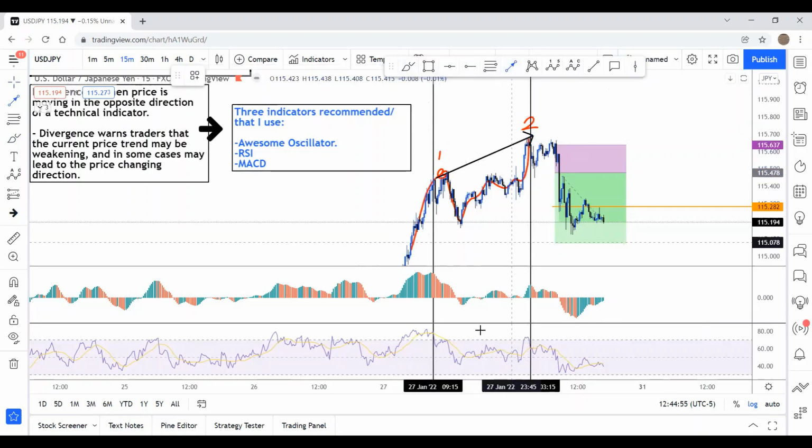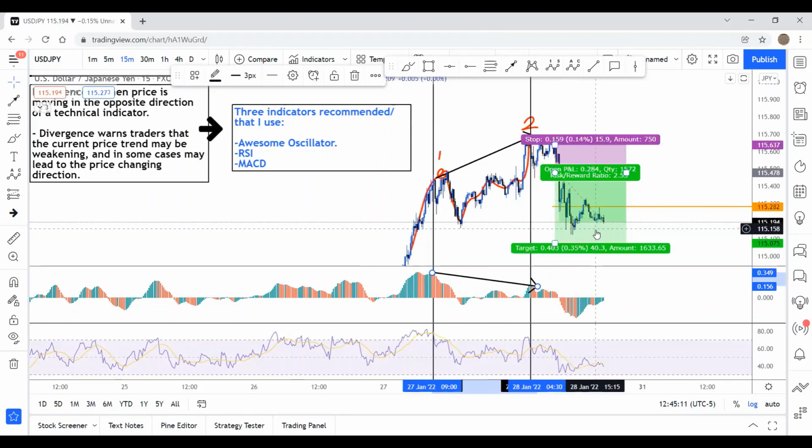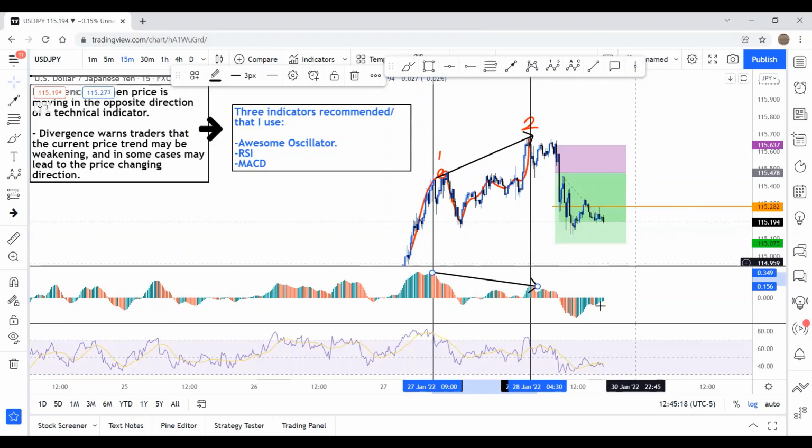While the indicator, from this peak to this peak, is going downwards. That right there is divergence. With that we can see that the trend was getting a little weaker and price is looking to pull back. And my team and I were able to capitalize on this. 15 pip risk. TP1 was 20 pips, and we're on our way to TP2, which is 40 pips.